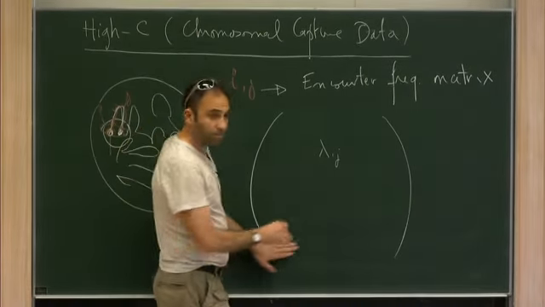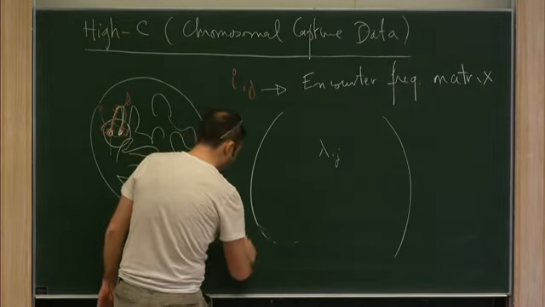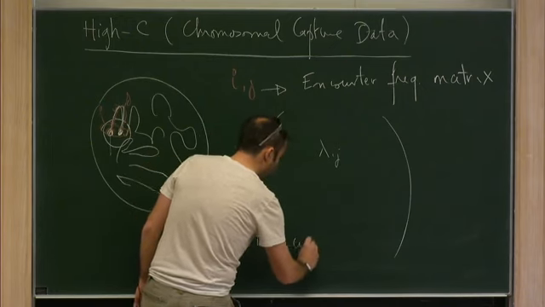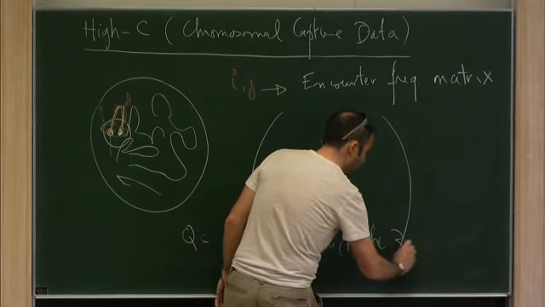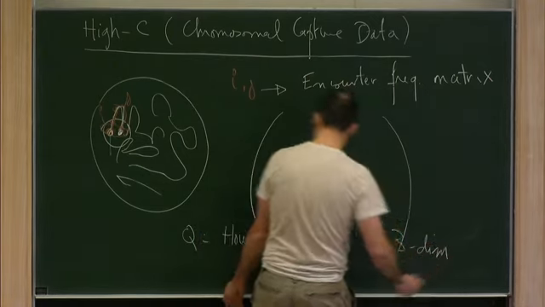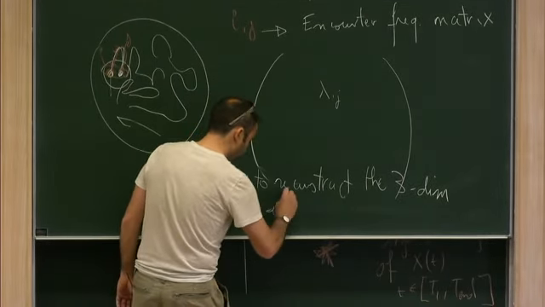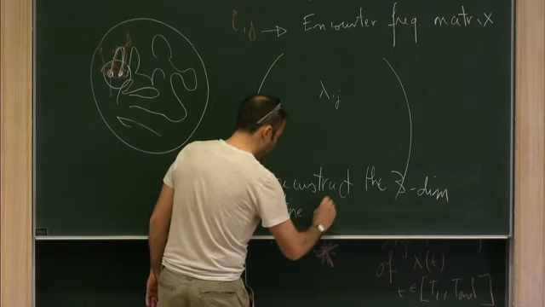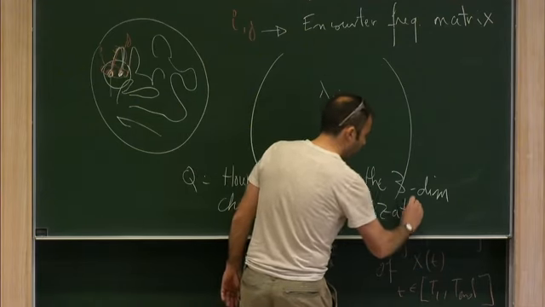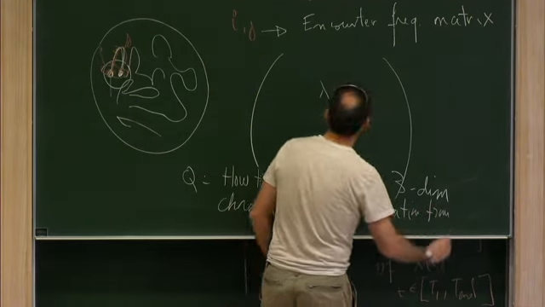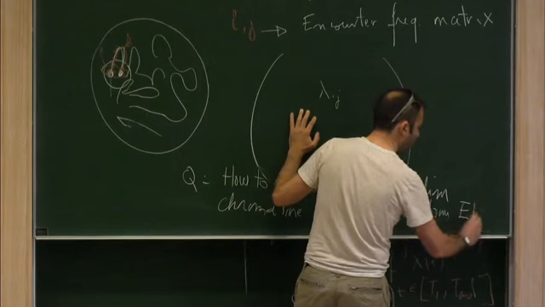But let's write the question: how to reconstruct the three-dimensional chromatin organization from, let's call it, the encounter frequency or the encounter probability matrix.